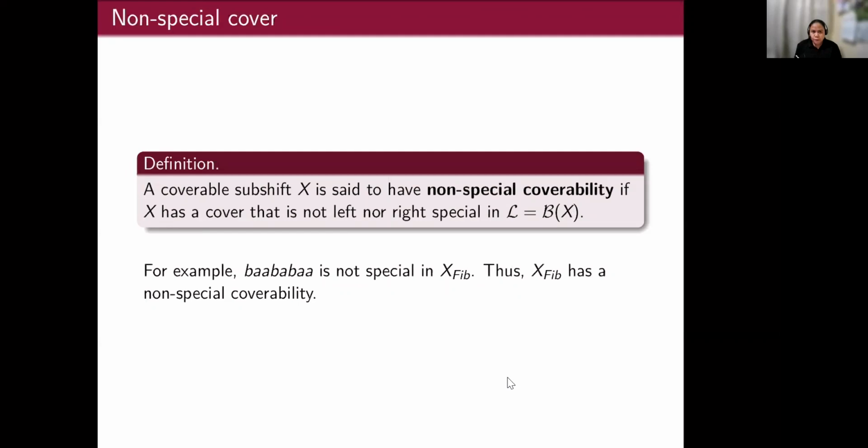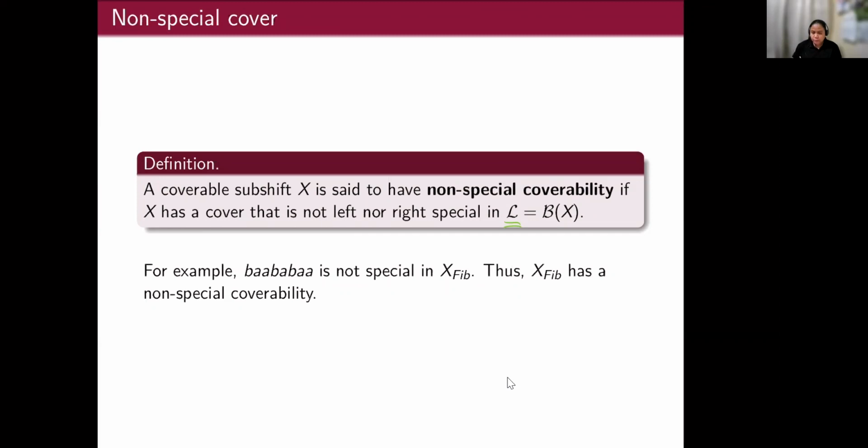So if our coverable subshift has a cover that is not left special and not right special in any element in the language of our subshift, then we say that the subshift is non-special coverable.